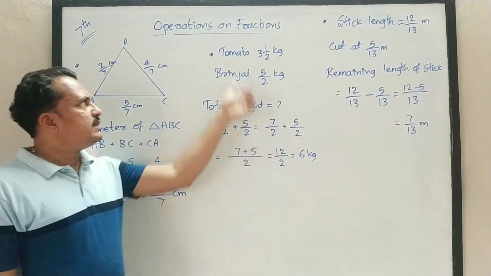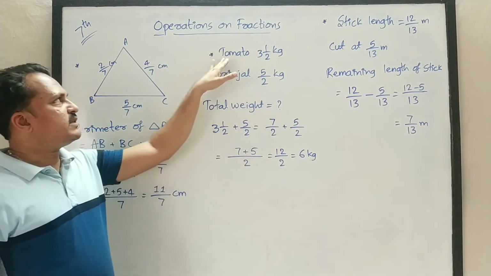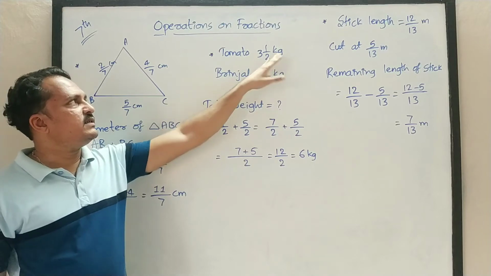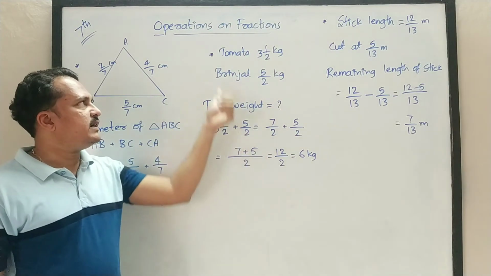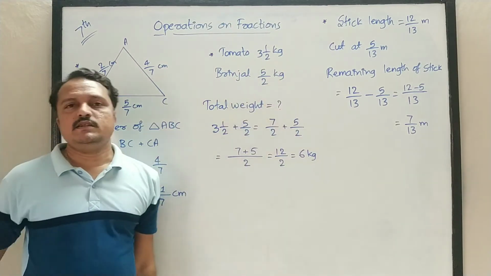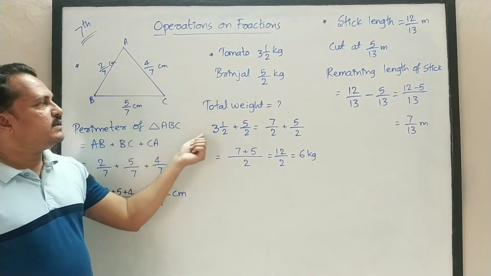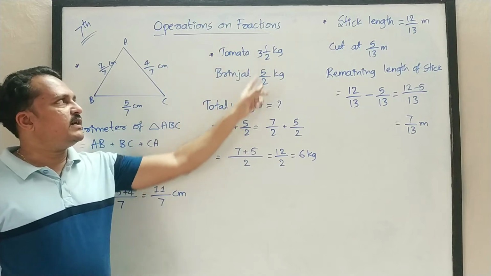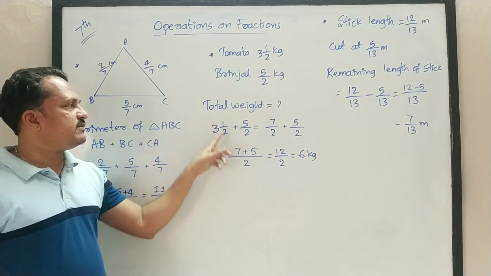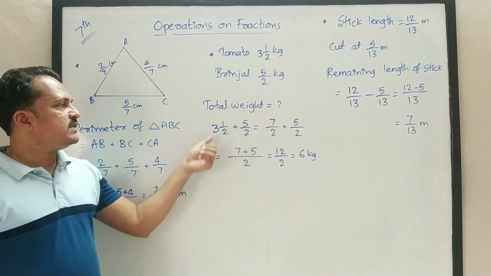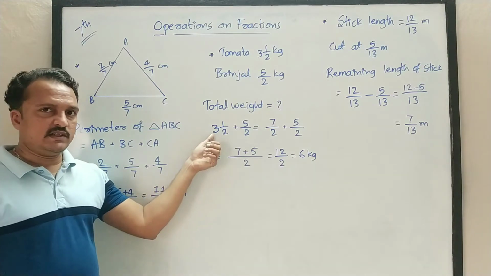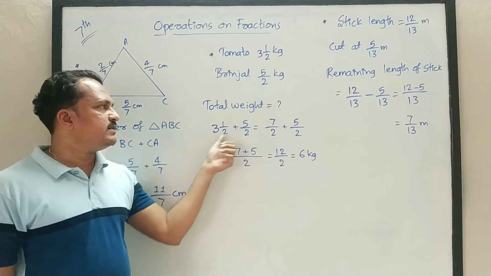Very simple. Then someone has bought tomato 3.5 kg, or 3 integer 1 by 2 kg, and brinjal 5 by 2 kg. What is the total weight of these two vegetables? Total weight means we have to add these two: 3 integer 1 by 2 plus 5 by 2. It is in mixed fraction, so directly we cannot add these two.